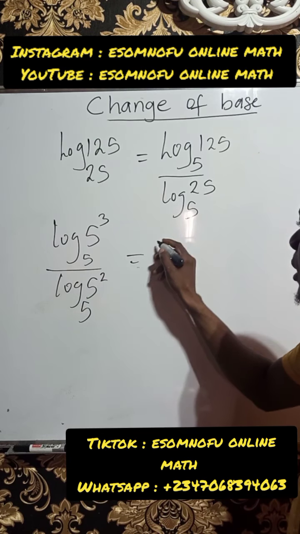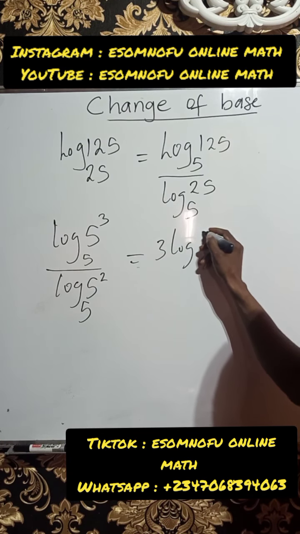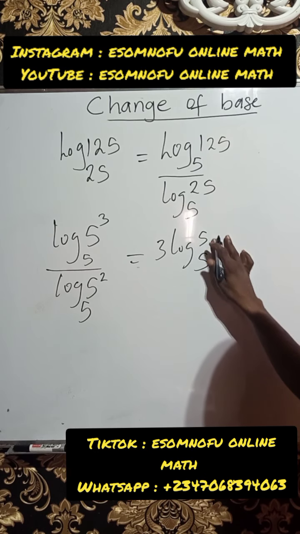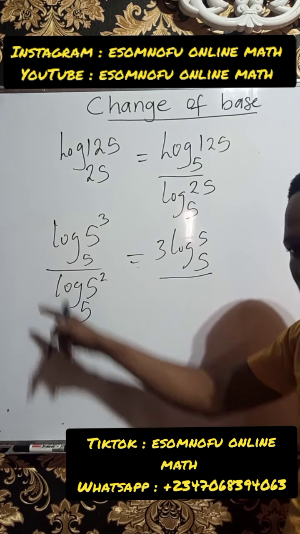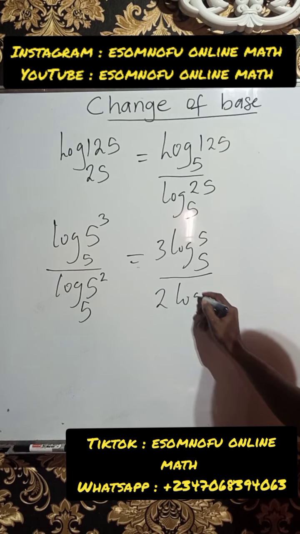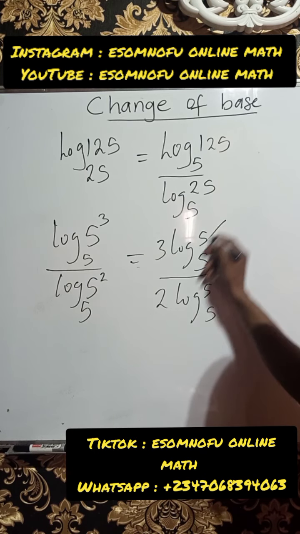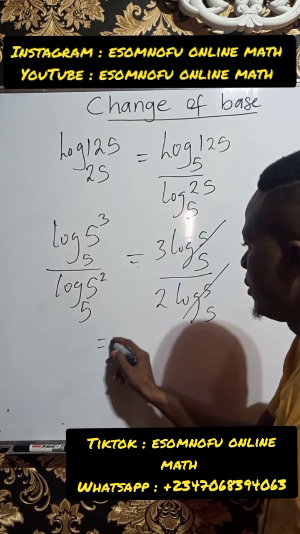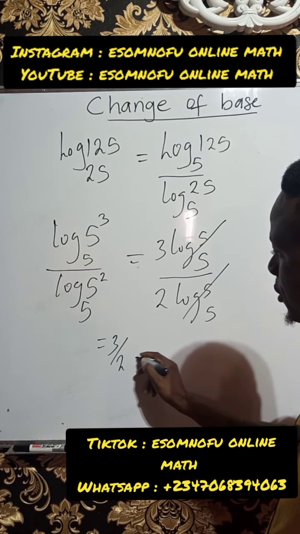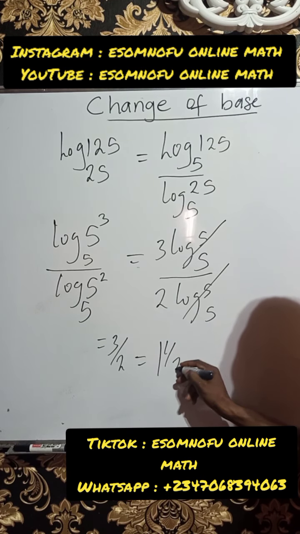Then the 3 comes to the front, we have 3 log 5 base 5 over 2 log 5 base 5. Log 5 base 5 cancels out, so it's giving us 3 over 2. And 3 over 2 is the same as 1 whole number and 1 over 2.